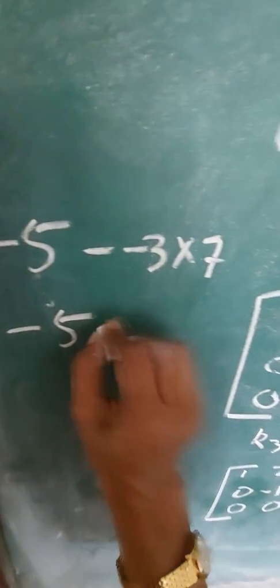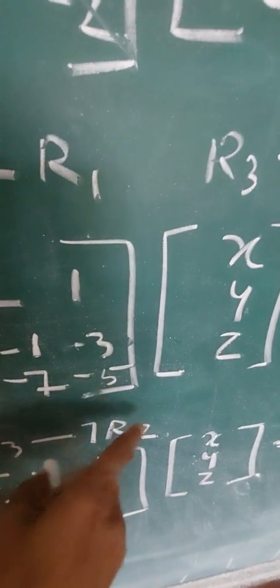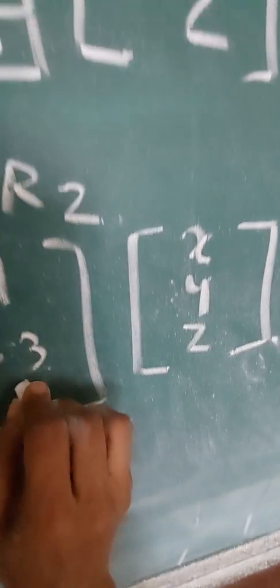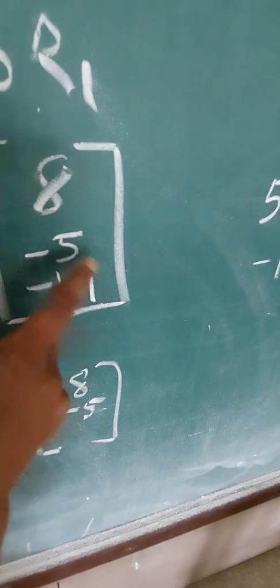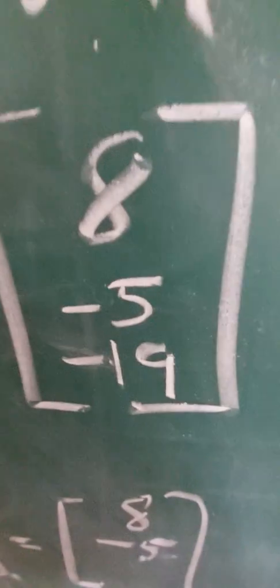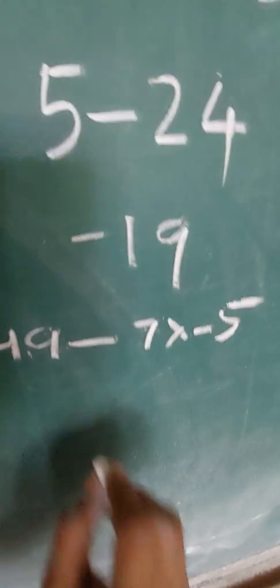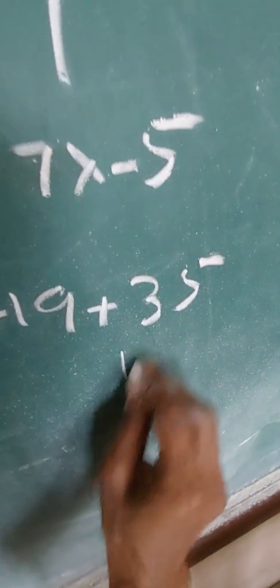Minus 5 plus 21, 16. R3 minus 7R2, 16. Here also R3 minus 7R2. Minus 19 minus 7 into minus 5. Minus 19 plus 35, 16. So here the last row is 16.